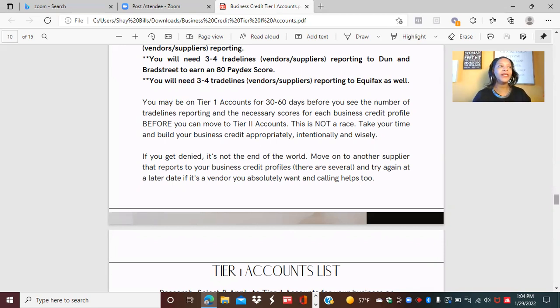So denial doesn't necessarily mean that you're not going to ever get approved. It just means that at this particular time, there's something that the creditor or lender is looking at that is causing the denial. And you may need to do your due diligence to make sure it's not your foundation, to make sure everything is the same on every platform.